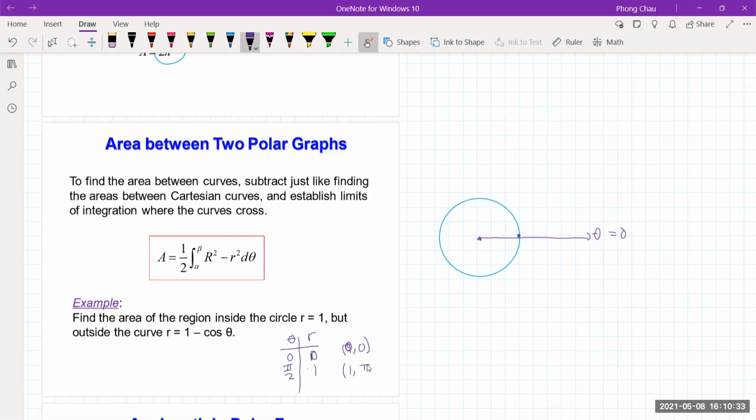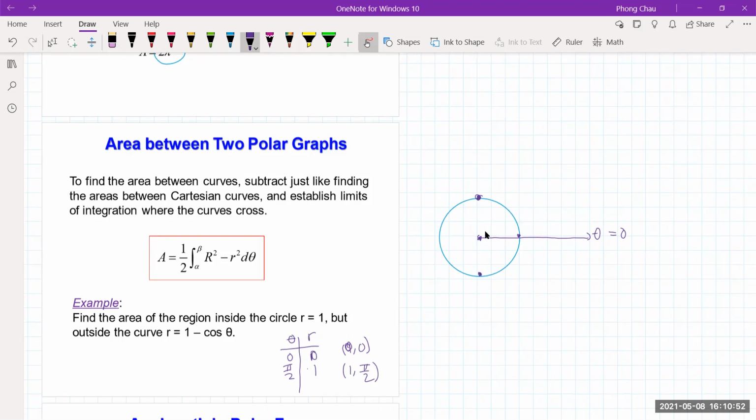So you have 1 at pi over 2. Notice that pi over 2 is 90 degrees, so it will be here. I know it's here, and it should go through this one as well due to symmetry.